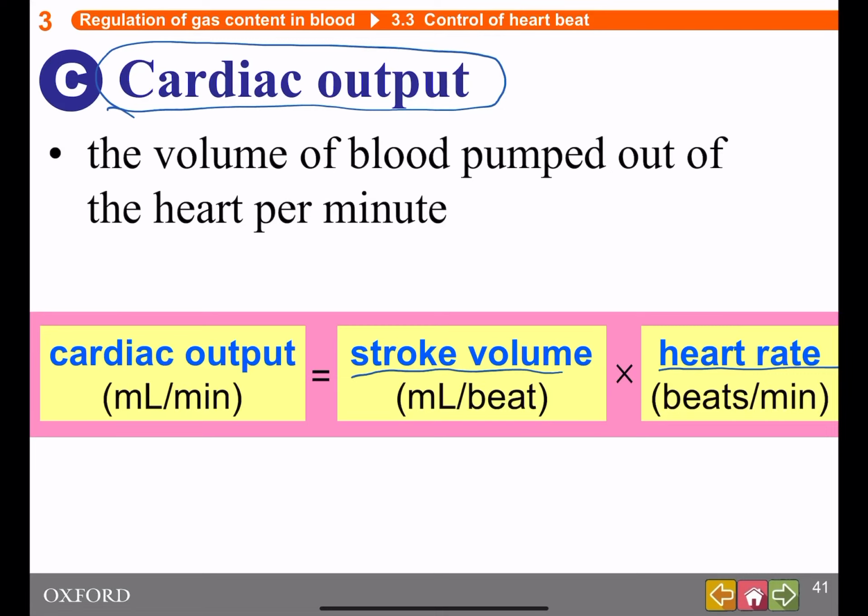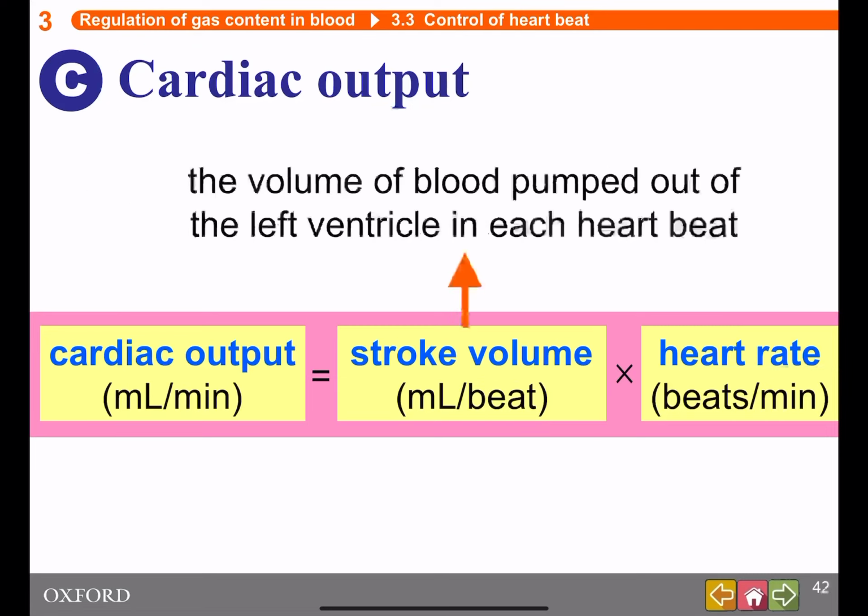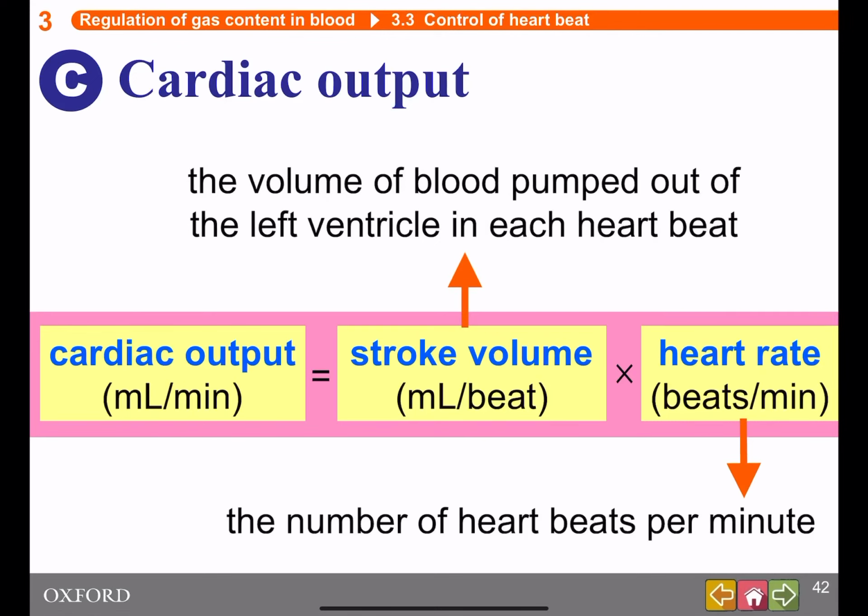So what is the meaning of stroke volume? Stroke volume refers to the volume of blood pumped out of the heart or left ventricle in each heartbeat. So how much blood will be squeezed out for one heartbeat? That is the ventricle contraction. And the heart rate is simple, the number of heartbeats per minute.